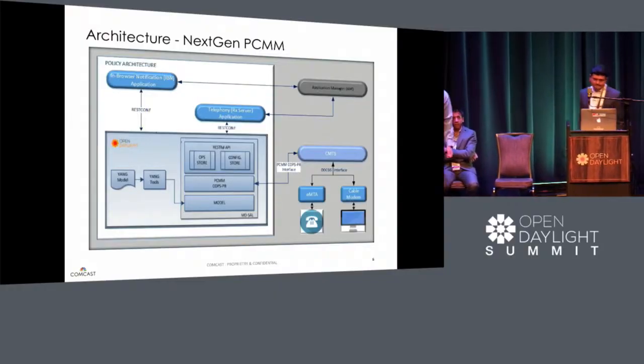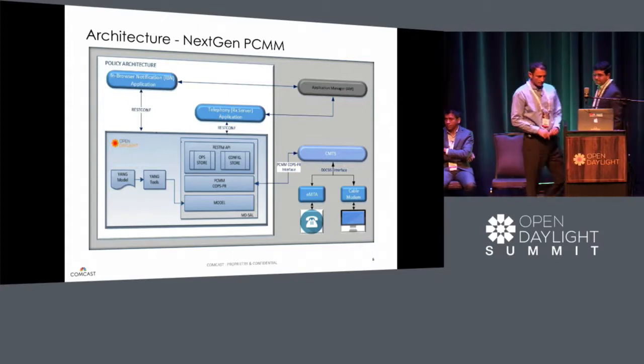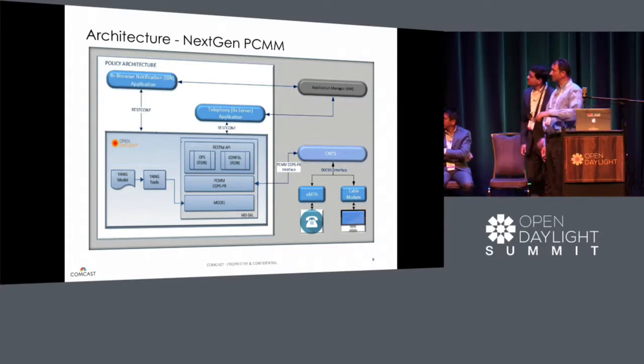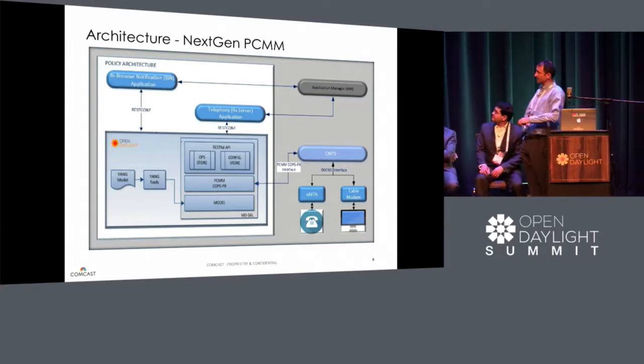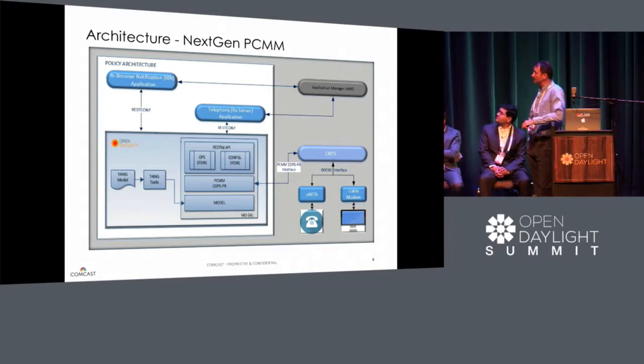Thank you, Samir. As seen in this diagram, we have created a telephony application that handles the incoming Diameter requests from the voice application manager, which are then tunneled to the ODL PCMM controller over the RESTCONF interface.